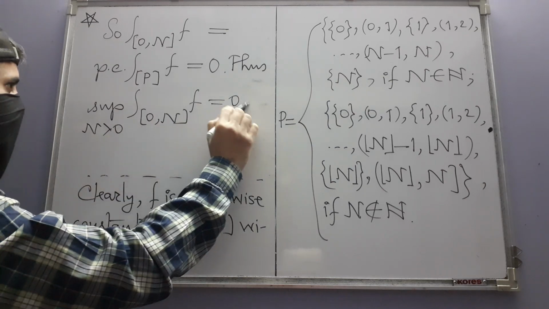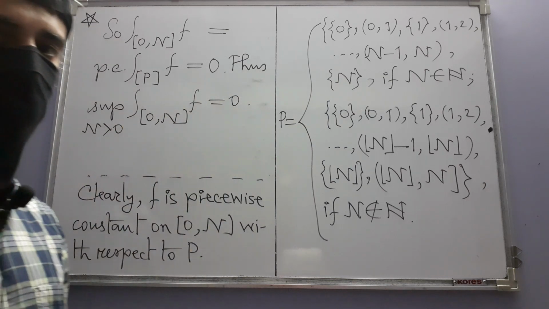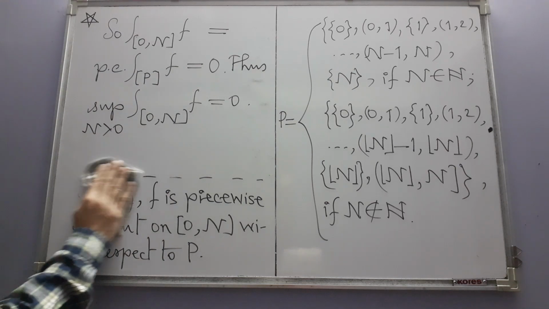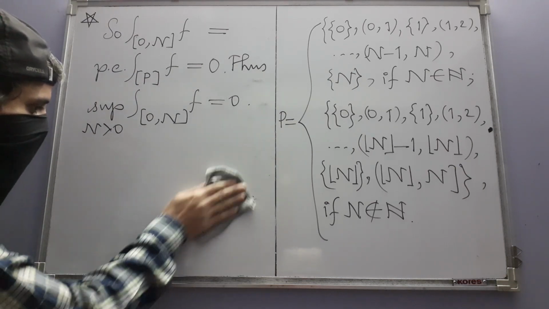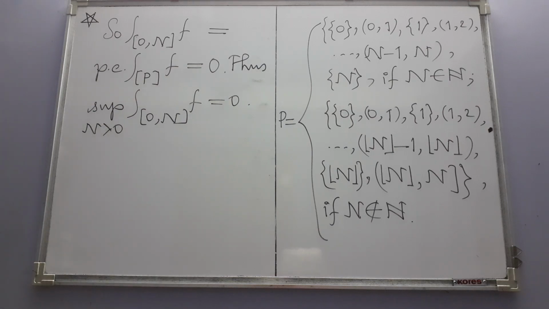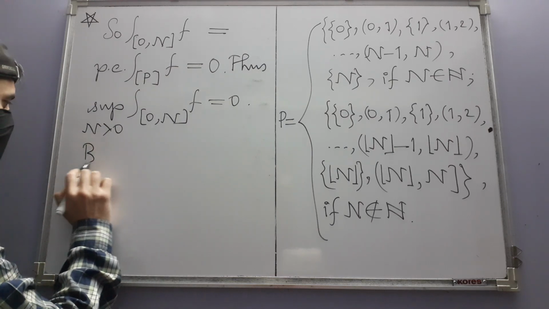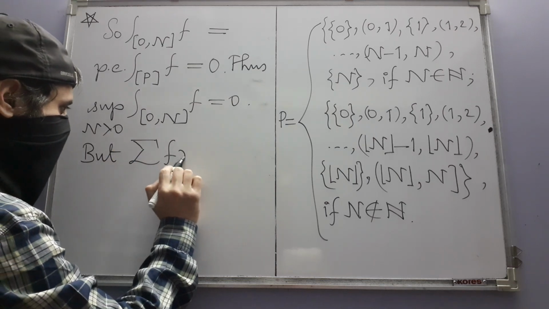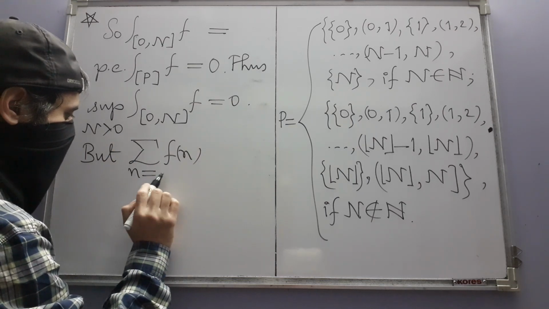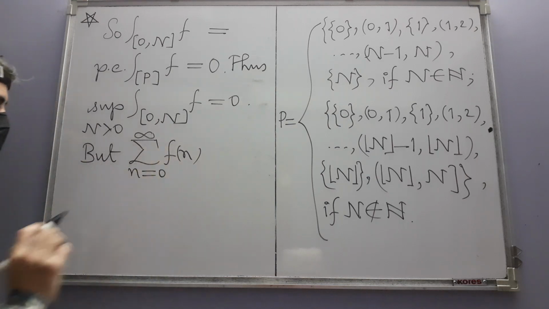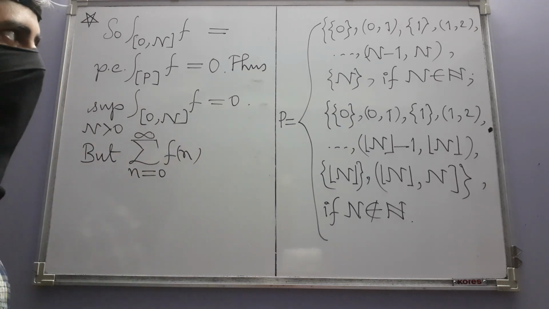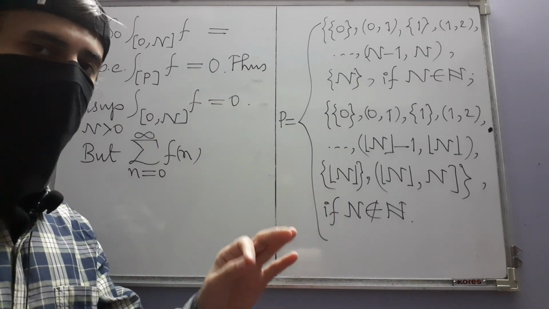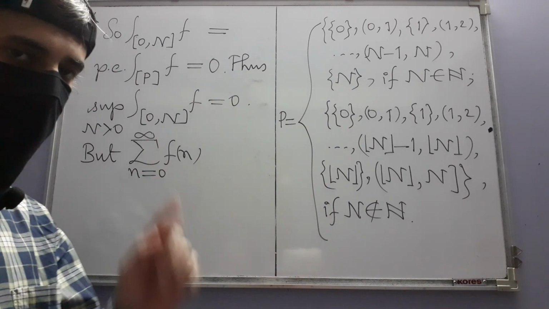However, let us now see what the series is for this f. What is that infinite series? The infinite series involves the f values at precisely the natural numbers, and according to our definition of f, those are the points where f takes on the value 1.